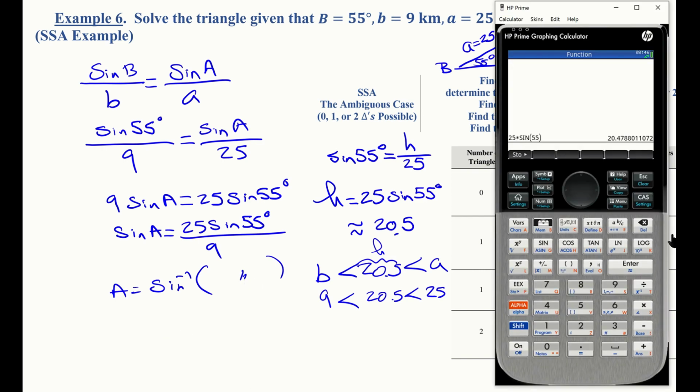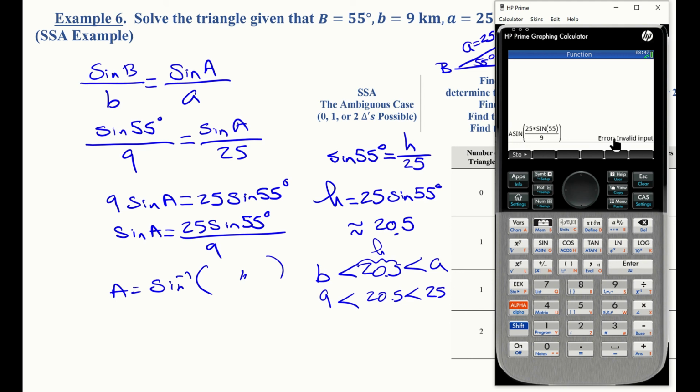So let's go ahead and check that. So we have inverse sine of 25 sine of 55 divided by 9.